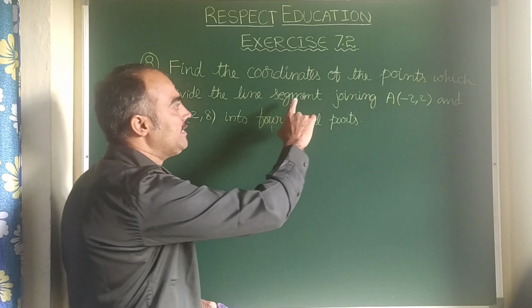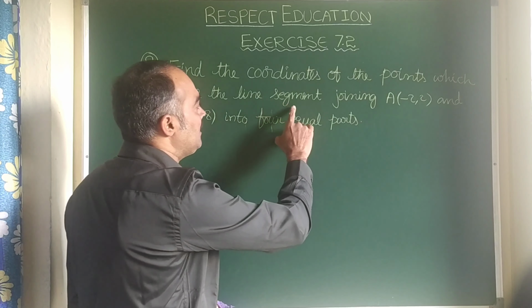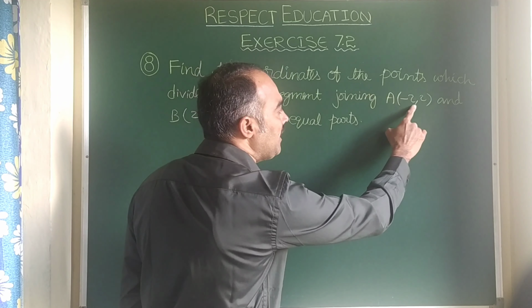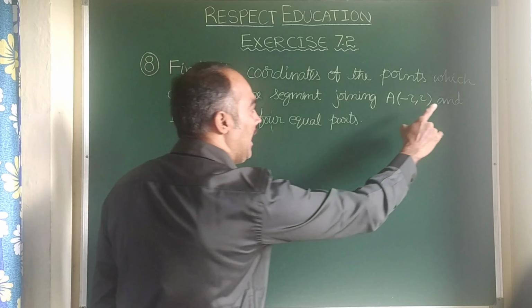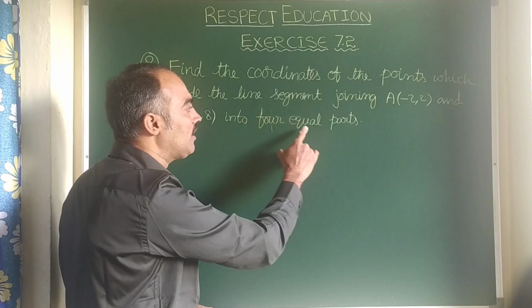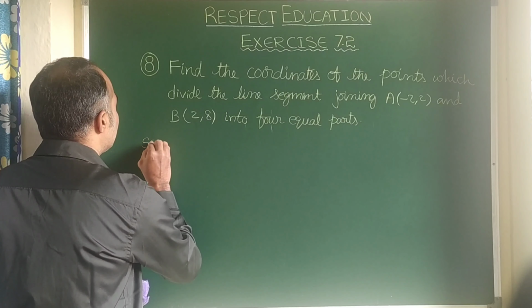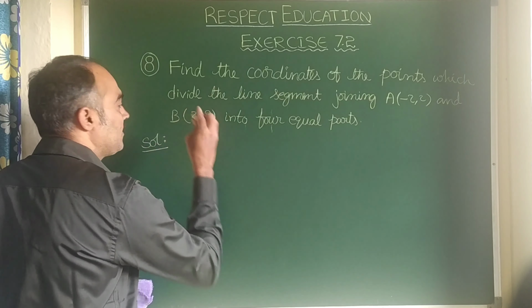Find the coordinates of the points which divide the line segment joining A (minus 2, 2) and B (2, 8) into 4 equal parts. Let us solve this problem.